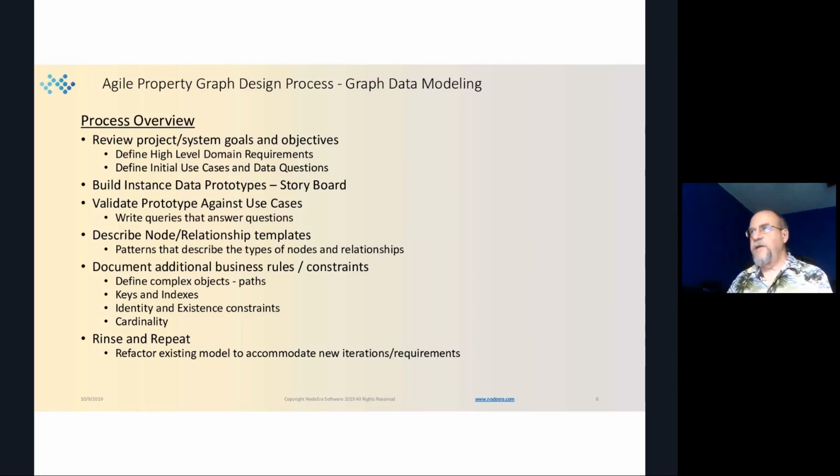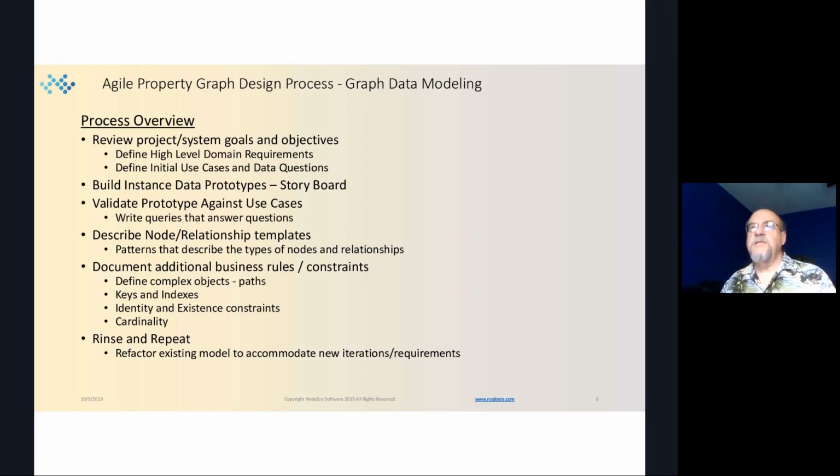This notion of data question is really useful because it helps crystallize what story the data needs to tell, and you pose that in the form of a question. And the beauty of that is you can later validate it by writing queries that answer the question.